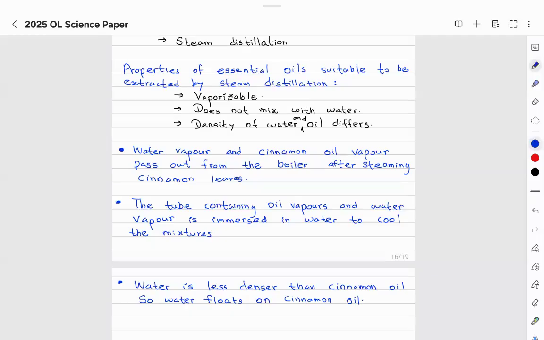Cinnamon oil has higher density than water, right? Cinnamon oil's density is around 1.01 to 1.06. Density of water is 1 gram per cubic centimeter. So therefore, water is floating on cinnamon oil. Understood? Right?